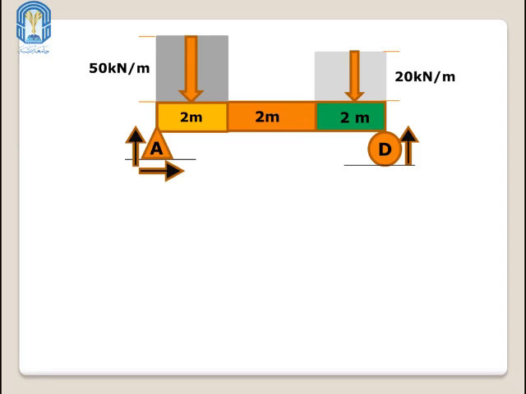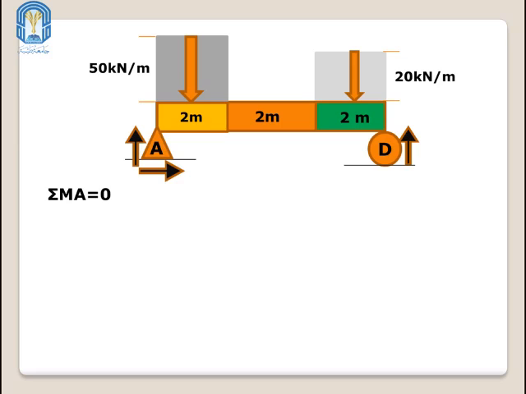Now, after we determine our centroids, we need to find our reactions around the pin A and around the roller D. If we want to determine our reaction at the roller D, we take the moment around A, and it will be equal to 0. And as you know, in that moment, it can be clockwise or anti-clockwise.